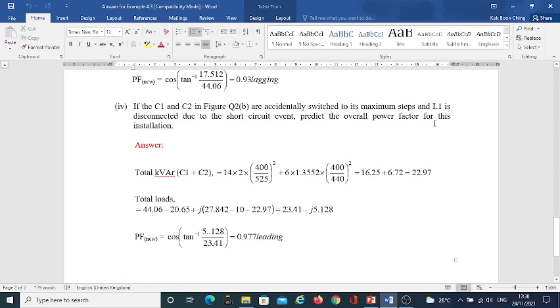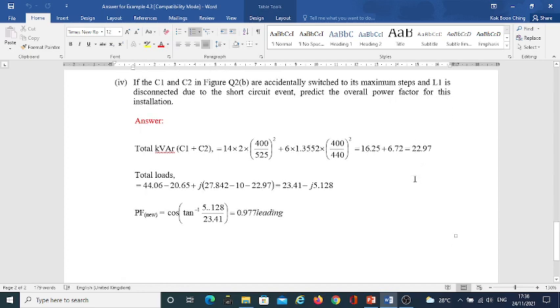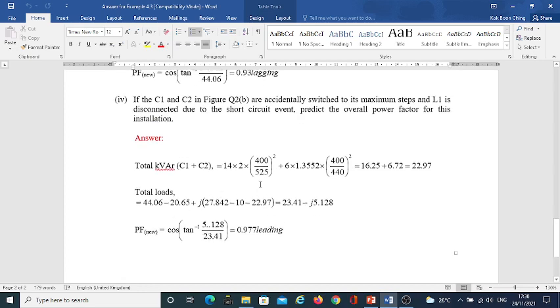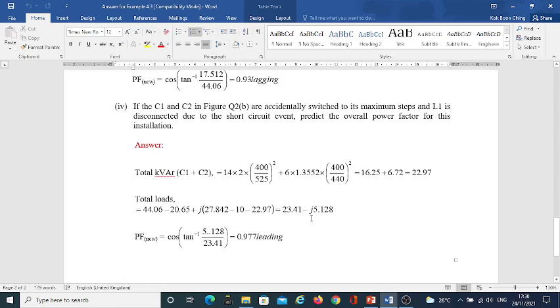When we switch to the maximum steps, the total Q injected into our system is 22.97. So again we can calculate 44 minus 20.65 plus this one, and we have to minus this one, and then finally we have this much.